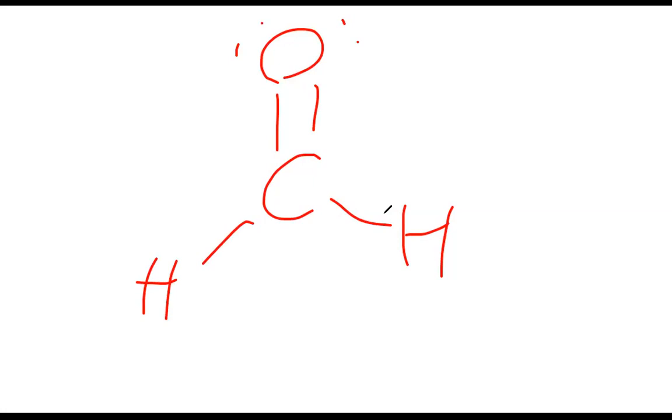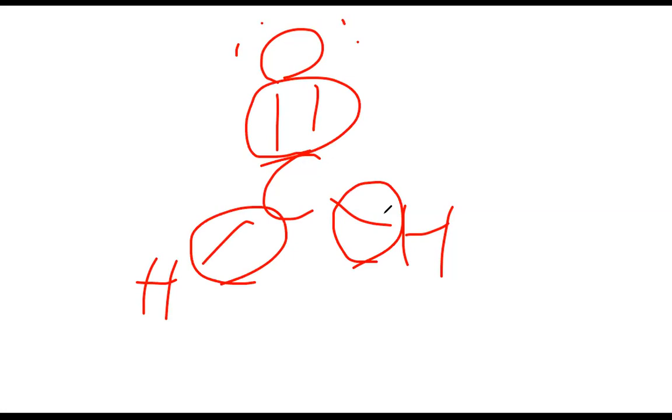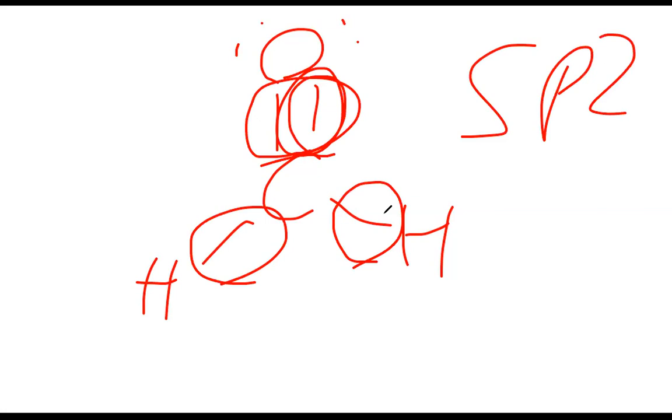Because we've got 1, 2, 3 sp orbitals, but we've also got this double bond, and that's just a normal pi bond. Okay, that's just p orbitals bonding with each other. That's normal. The other ones, because they're in that trigonal planar arrangement, those are sp orbitals.